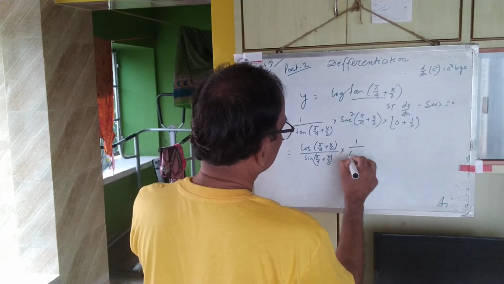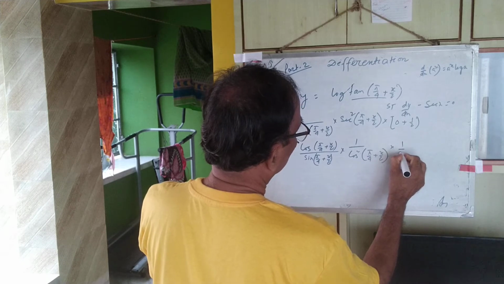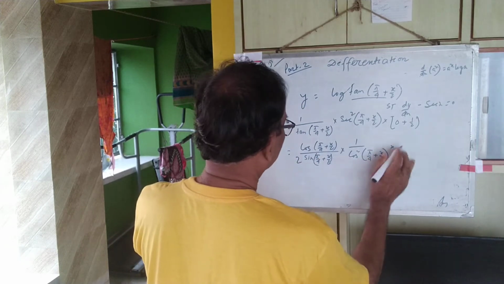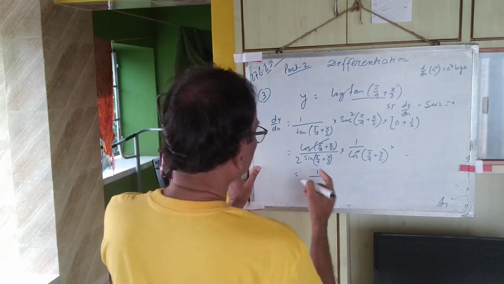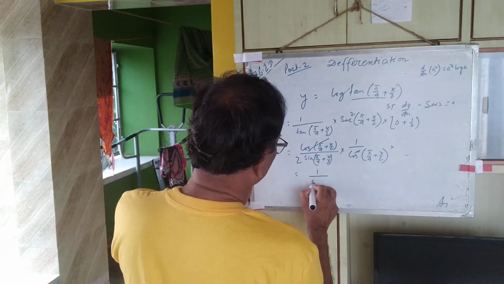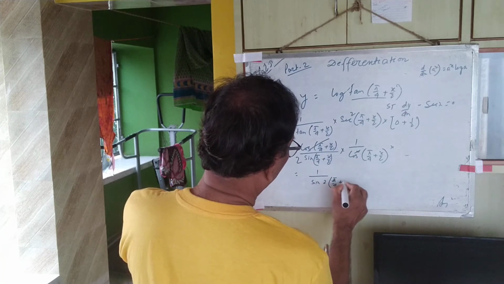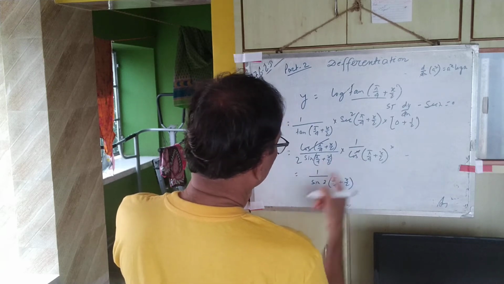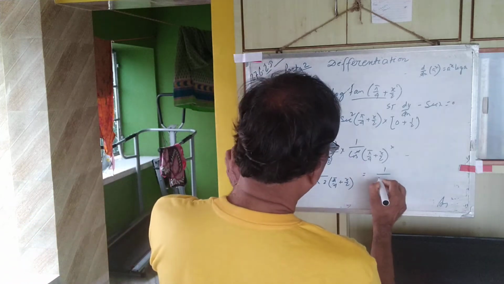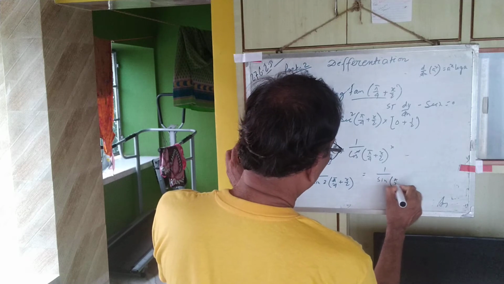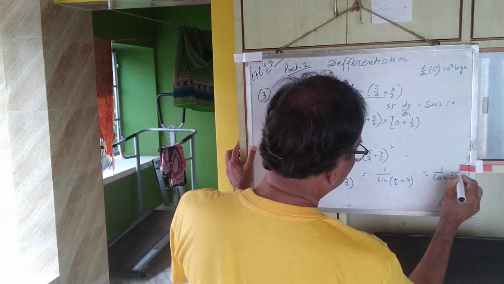Sec squared means 1 by cos squared, so that is cos squared(pi/4 plus x/2) into 1/2. The 2 will come here, and the square will cancel, giving 1 by 2 sin a cos a, that is sin 2a, so 1 by sin 2(pi/4 plus x/2), which is sin(pi/2 plus x). sin(90 plus theta) is cos theta, so that is 1 by cos x, that is sec x.